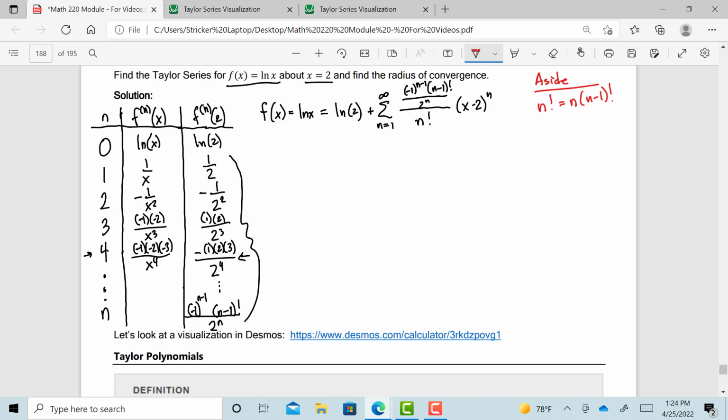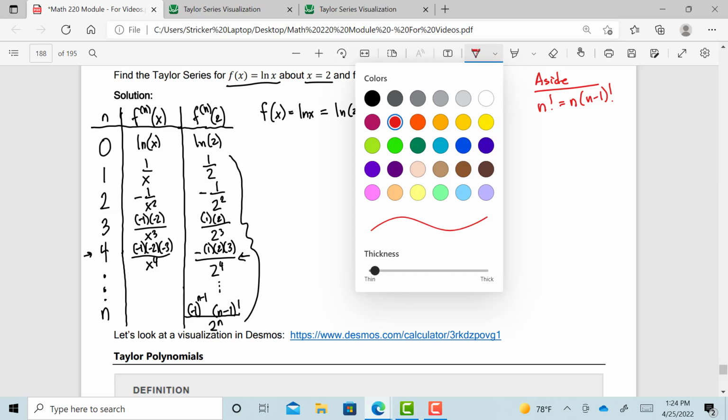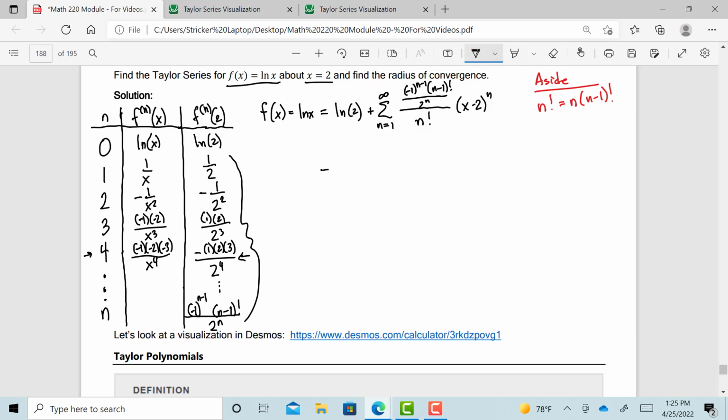So that means that when we go to simplify this, this is the same as the natural log of 2 plus, we're going to end up with -1 to the n minus 1 times n minus 1 factorial over 2 to the n over n times n minus 1 factorial. And those n minus 1 factorials will cancel.